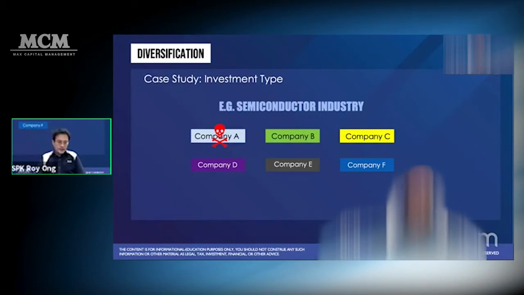That's why there are financial products or asset types in the market that allow you to invest in a basket of all these semiconductor companies. They do not require you to have huge capital to invest in everything in this basket, so your risk will reduce, but you still benefit from the growth of the semiconductor industry. That's diversification, which we commonly talk about.